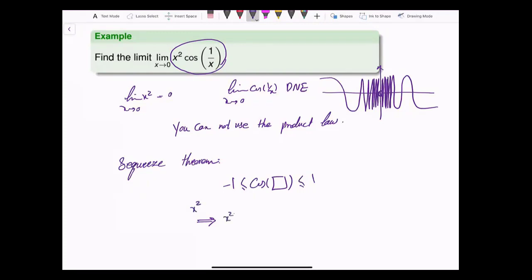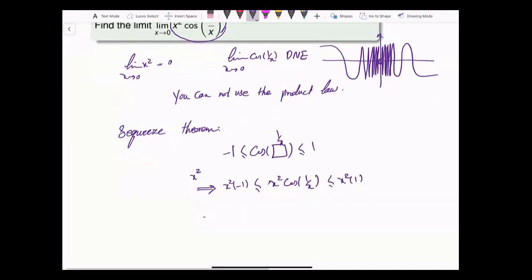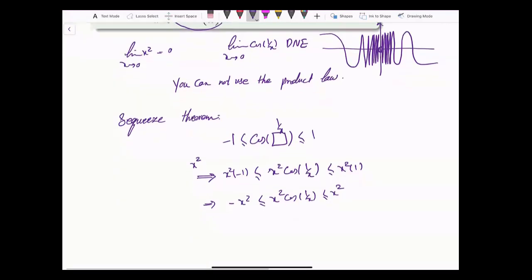This will be x squared times negative 1, x squared times cosine of, well, here I said whatever you put in, you can put 1 over x as well, and x squared times 1. This gives me minus x squared less than or equal to x squared cosine 1 over x less than or equal to x squared. Okay, now we have the inequality.